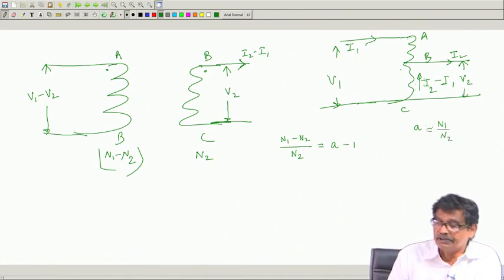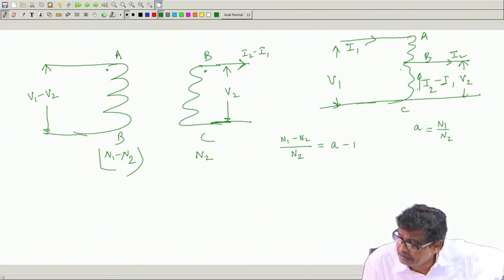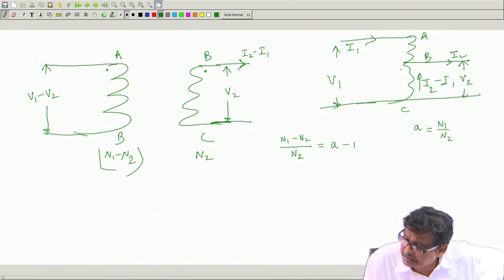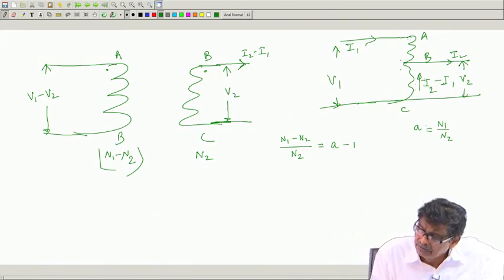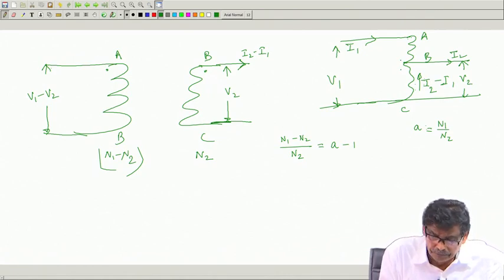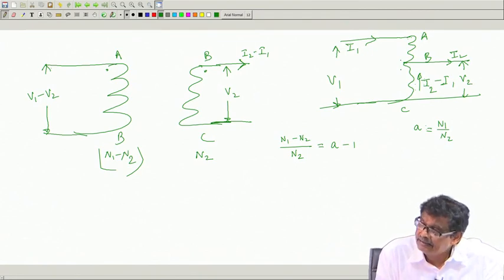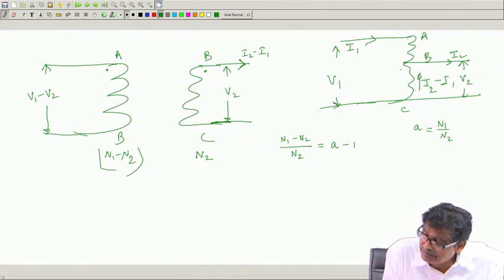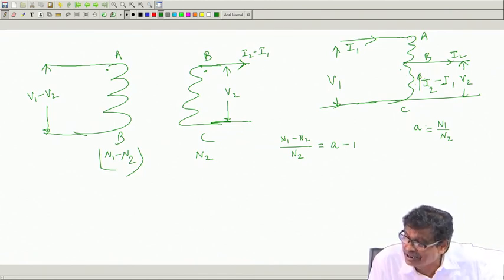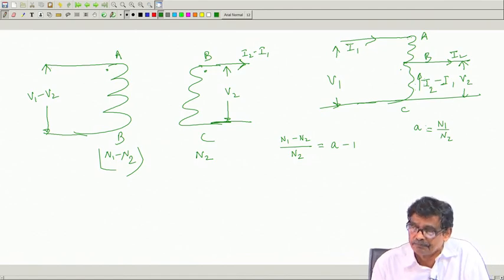Now, please be with me, what I have done, these two are separate windings, this one is carrying a current I2 minus I1, this portion is carrying a current I1. So, it is just like a two winding transformer having applied voltage to this coil AB V1 minus V2 and this as V2, but delivering a current of I2 minus I1, not I2, then you will be making a mistake.